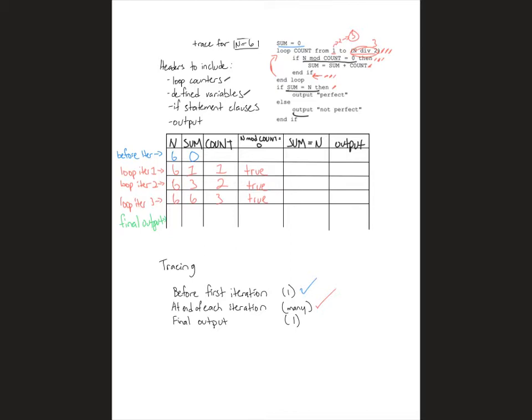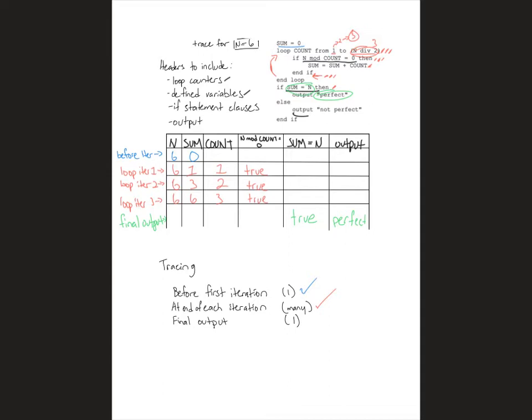So we don't have to worry about those. We can just say there is one check for sum equals n, which in this case would be: does sum equal n? Sum does equal n, this is true. And then the output would be perfect.